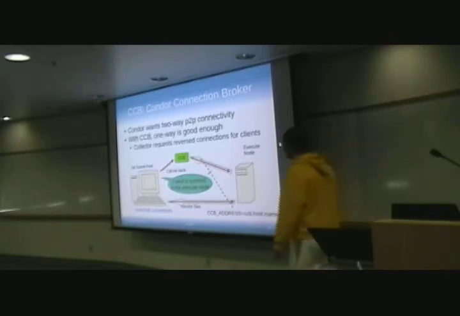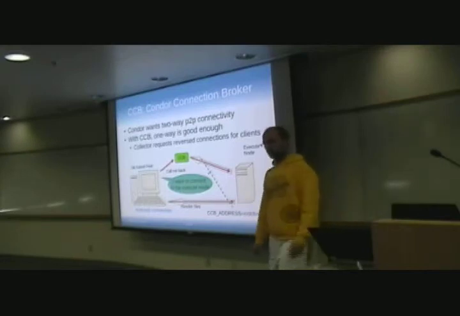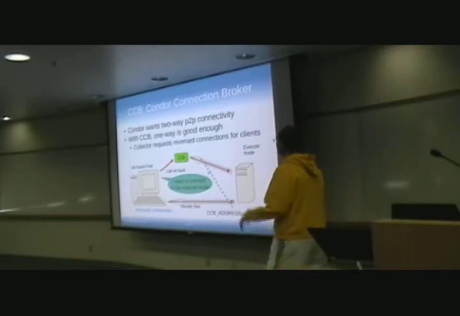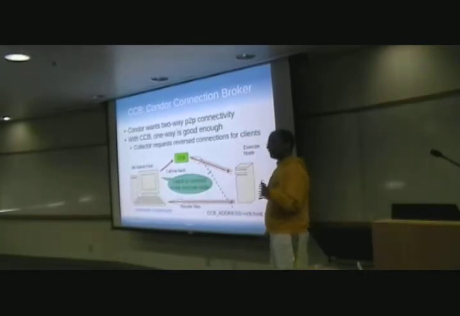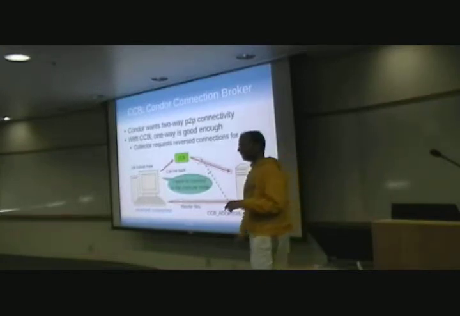So, a word about how you cross firewalls. By default, Condor wants two-way, essentially peer-to-peer communication. Everybody talks to everybody. Unfortunately, this was nice in the early days of the internet. These days, nobody really wants to work in this situation, or you really have to force them to drop their firewalls.